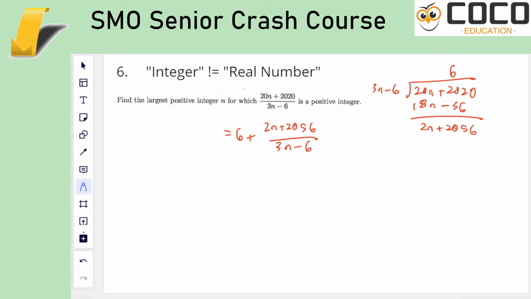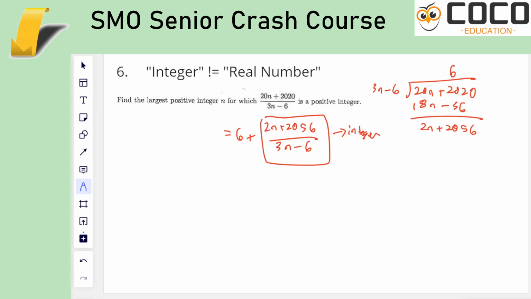Okay, and so now this has to be an integer. How does this become an integer? And what is the largest positive integer n where that happens?